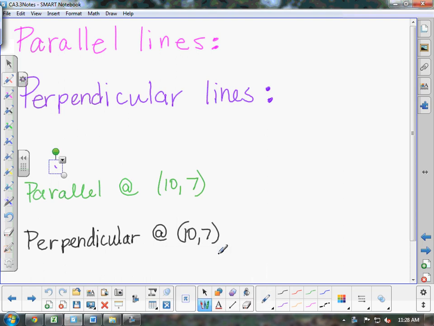Okay, to finish the notes from section 3.3, the next part dealing with lines would be parallel lines and perpendicular lines. Parallel lines have the same slope.